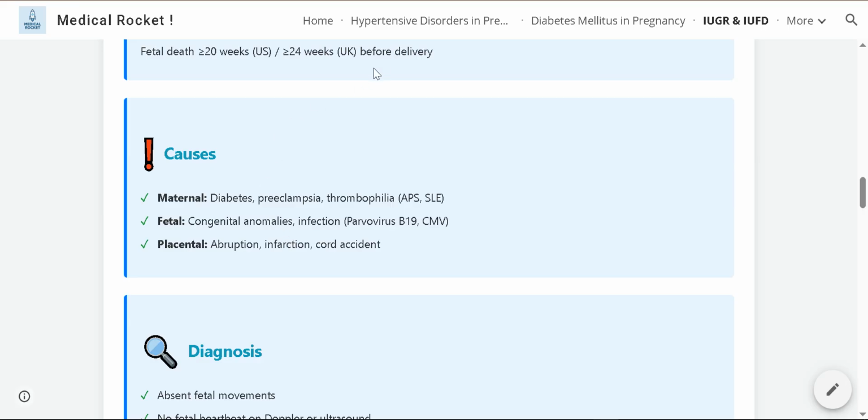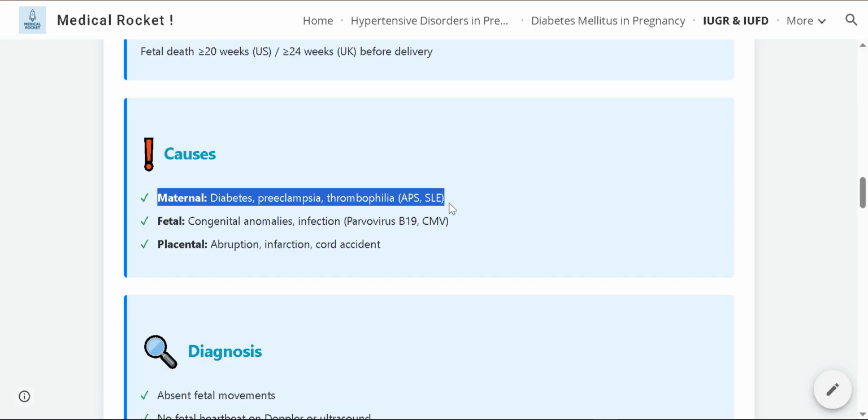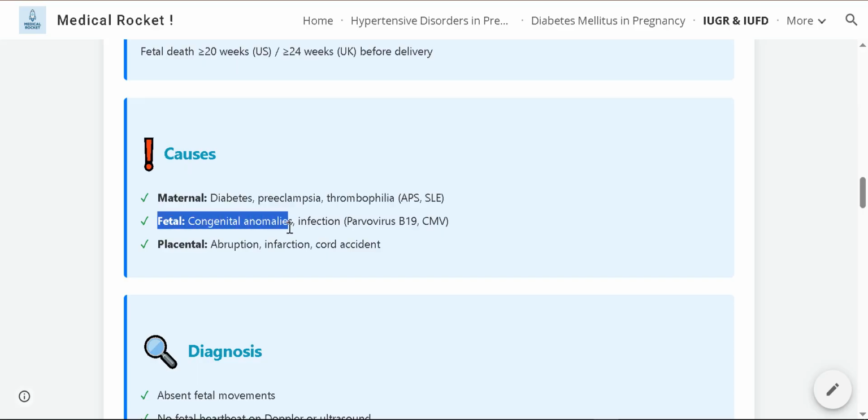Now, the causes fall into three main categories. Maternal causes: diabetes mellitus, preeclampsia and chronic hypertension, thrombophilias like antiphospholipid syndrome and SLE. Fetal causes: congenital anomalies, infections, especially parvovirus B19 and CMV.